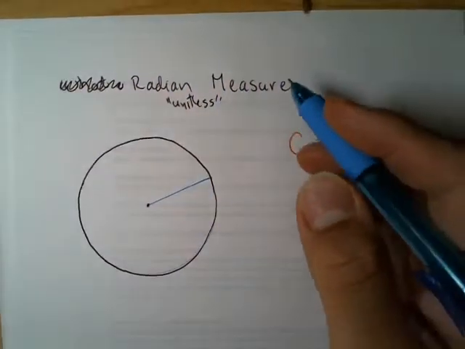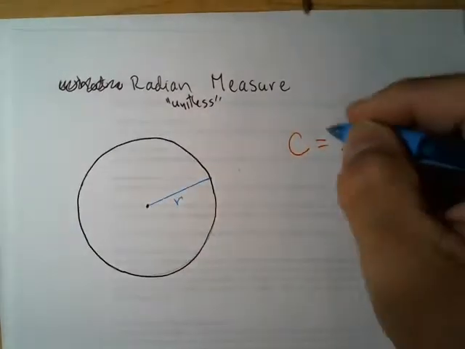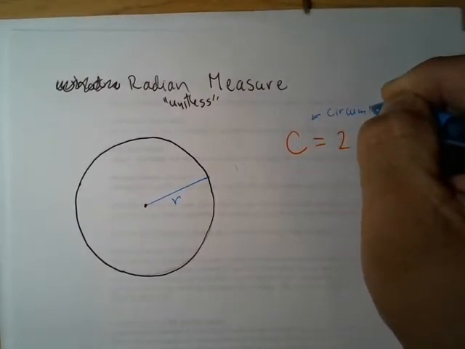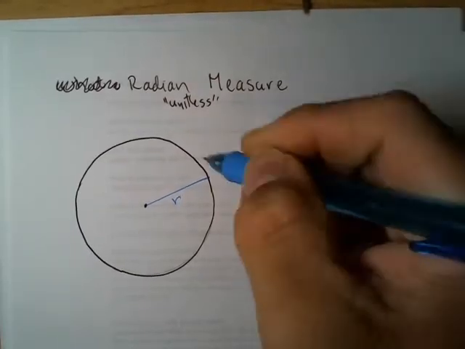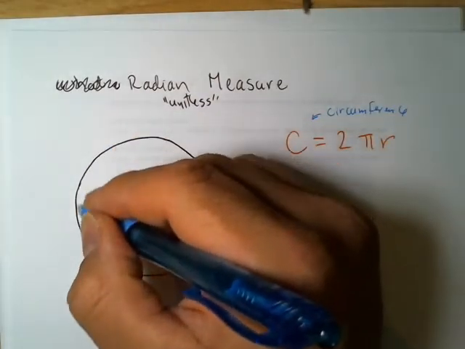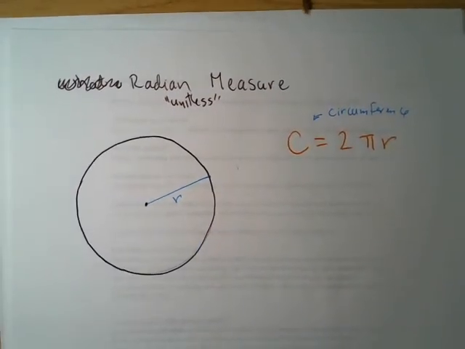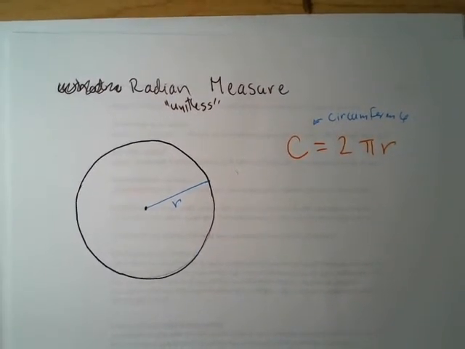And let me label this the circumference. That's the total distance. If we start here and measure all the way back around to where we started, it would be 2 pi r, a geometric formula that we've probably seen before.